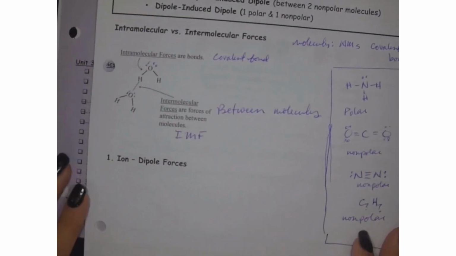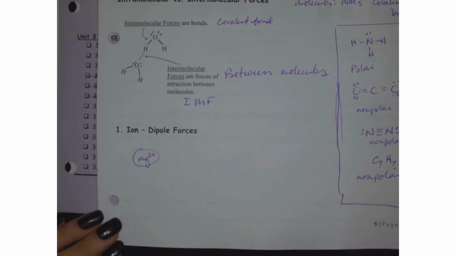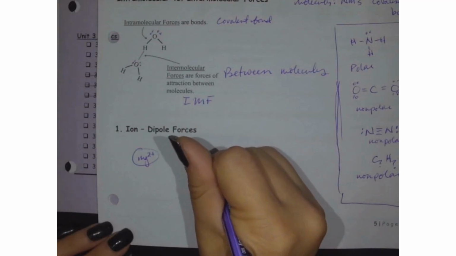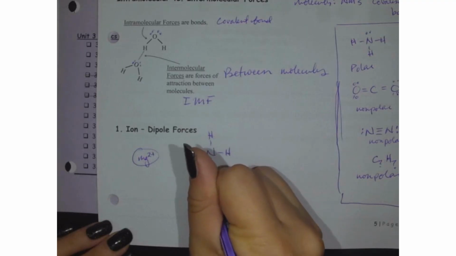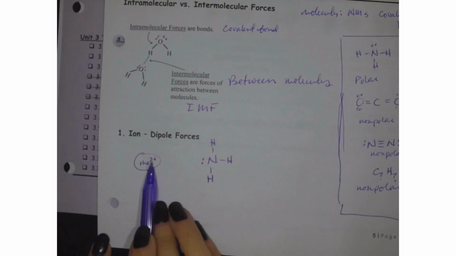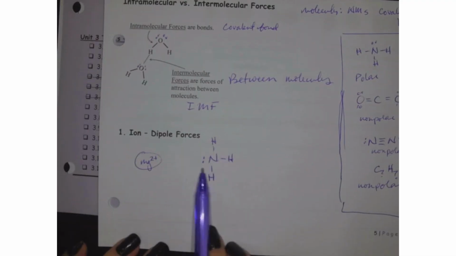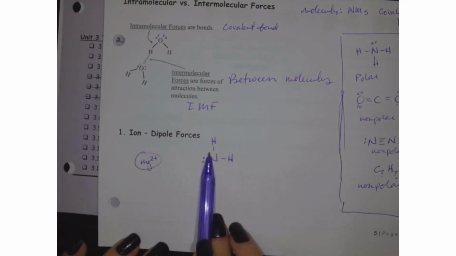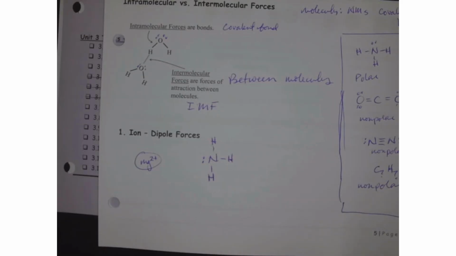Now, what if the two things that are interacting are an ion, like maybe magnesium 2+, and a polar molecule? We have this ion that is completely positive, and then we have the asymmetry of this molecule that's making one side of it partially negative and other areas of it partially positive.